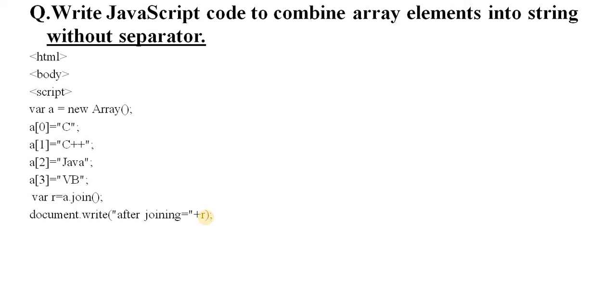In this program, after joining, it will display C, C++, Java, VB on a web page. Next, close the script tag, body tag and HTML tag. Without a separator, it displays the result C, C++, Java, VB. This is the output of our program.